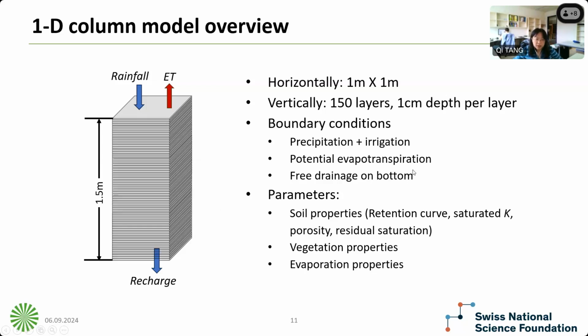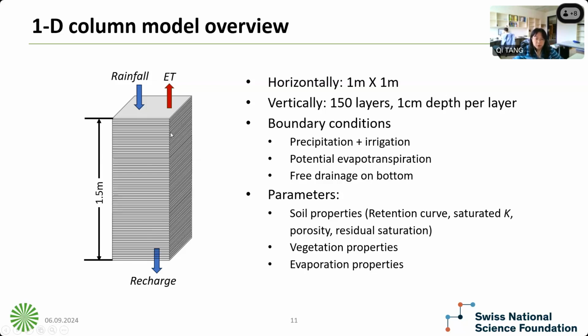The potential ET is also considered as a boundary condition, and these data are also from MeteoSwiss. For the bottom boundary condition, we set free drainage, which means all the water within this column can be freely drained, taken out of the column.